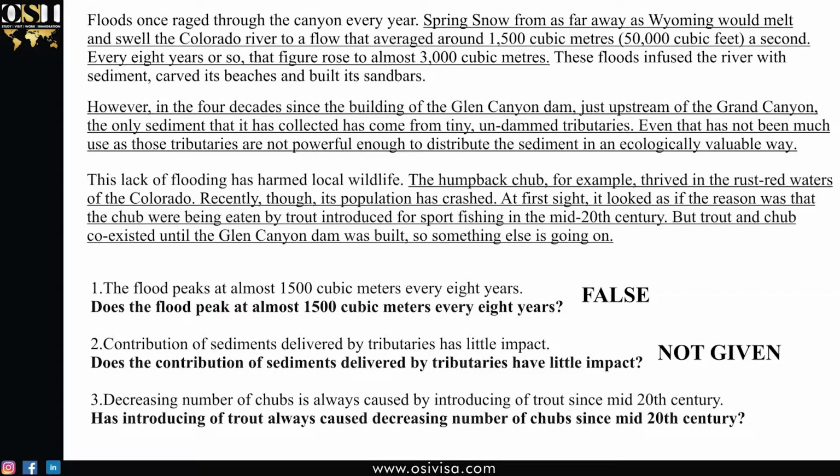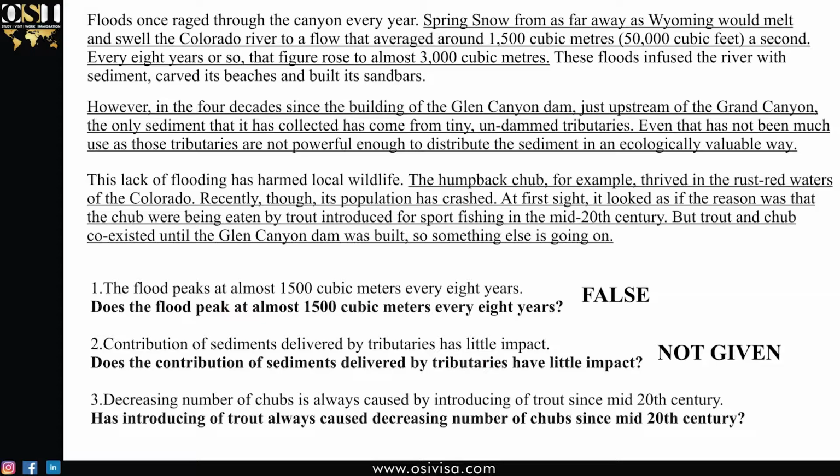Over here, the last statement, which is the one that is after our keywords, says, but trout and chub coexisted until the Glen Canyon Dam was built. So something else is going on. So now we know that whatever they said in the previous sentence, which some of the impatient students might have thought was the answer, the same answer is being contradicted over here.